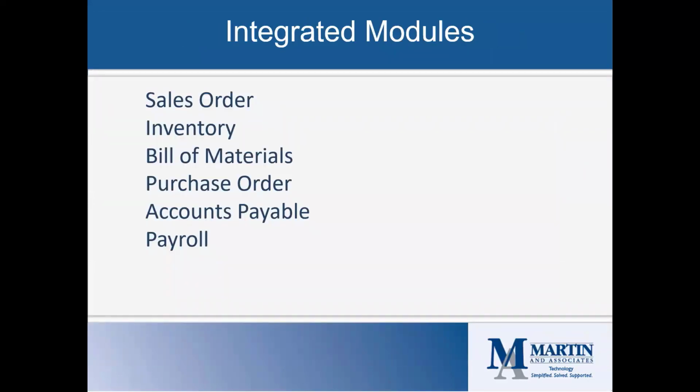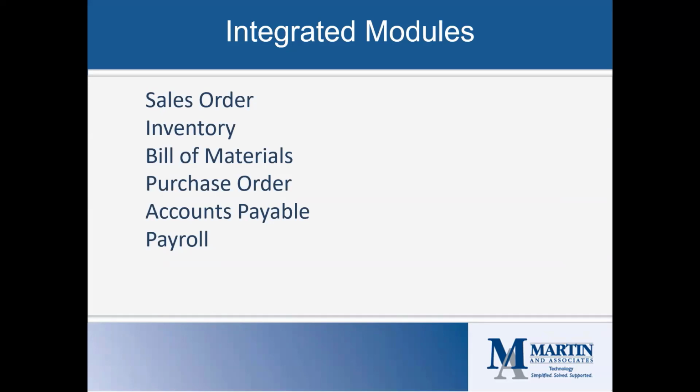So, integrated modules, and this is for both production management and operations management. Sales order is a given for operations management. Inventory is a given. Bill of materials is one that you can choose to either use or not use.